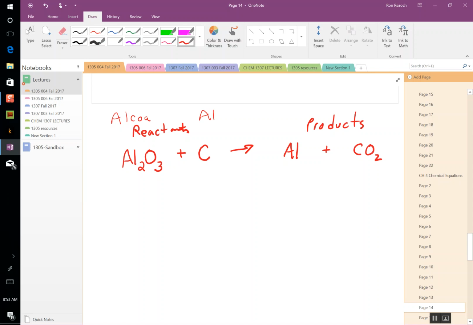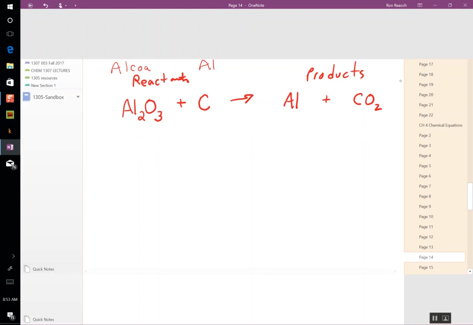So we wouldn't write this chemical equation with AlO or Al2O2 or Al3O4 or whatever. It's this. This is aluminum oxide. Once we get the chemical equation with the proper formulas, we don't change it. We don't change the formulas.